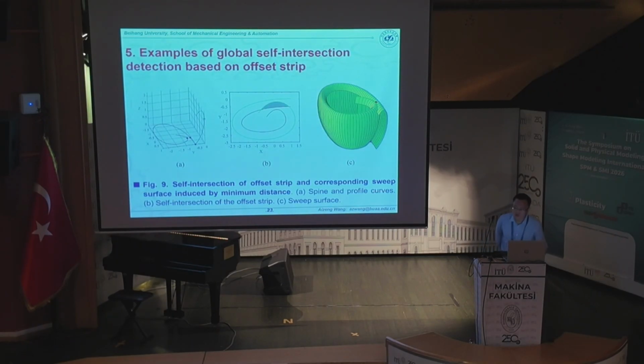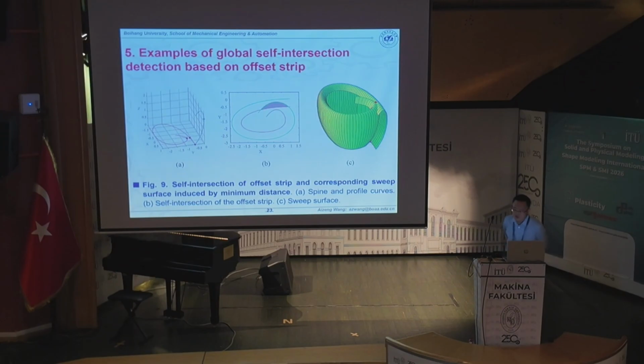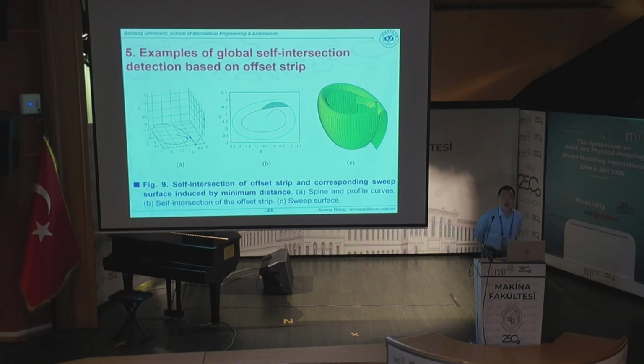This example shows the self-intersection of the offset strip caused by the minimum distance and the corresponding global self-intersection of the spatial surface, as shown in figure A. The span curve is a cubic curve. Figure B shows the offset strip obtained by projecting the spatial surface on the xy plane. Further, we obtain the global self-intersection point on the spatial surface by our method, the red point in figure C.